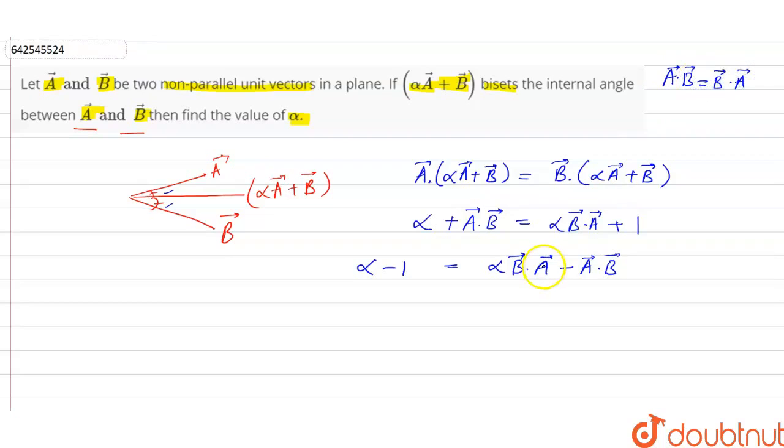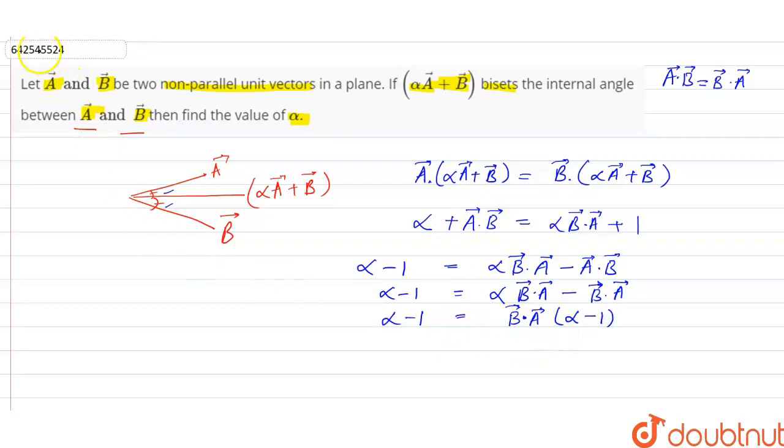So we can write it as alpha B vector dot A vector minus B vector dot A vector, which is equal to alpha minus 1. So alpha minus 1 is equal to B vector dot A vector common in these two terms, times (alpha minus 1), the remaining terms.